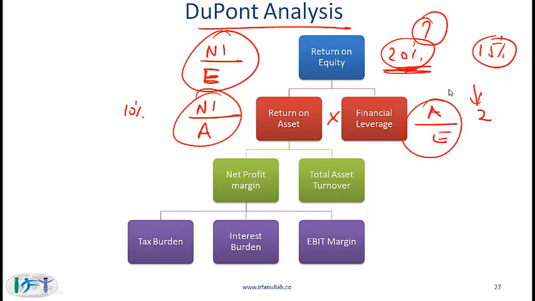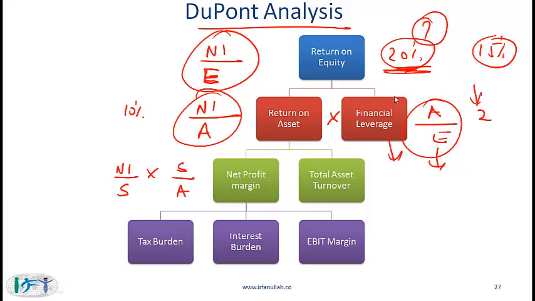Taking this one level further, we can say that return on assets can be written as net profit margin divided by total asset turnover. So the net profit margin is net income divided by sales, and total asset turnover is given by sales divided by average total assets, and then the financial leverage term comes down.